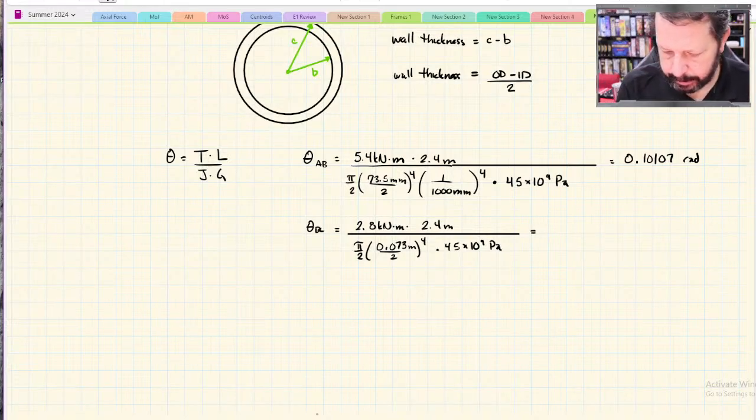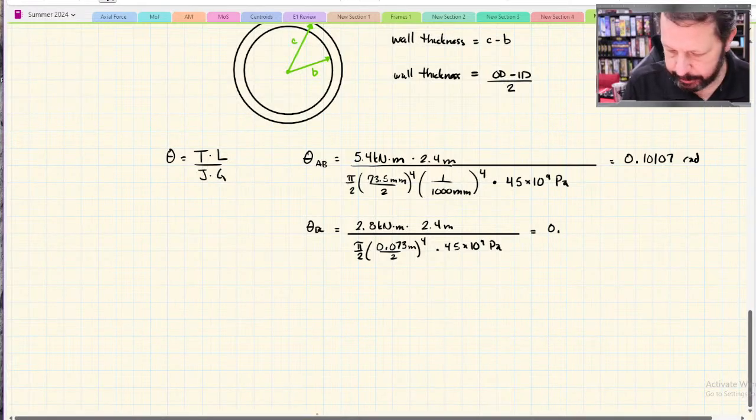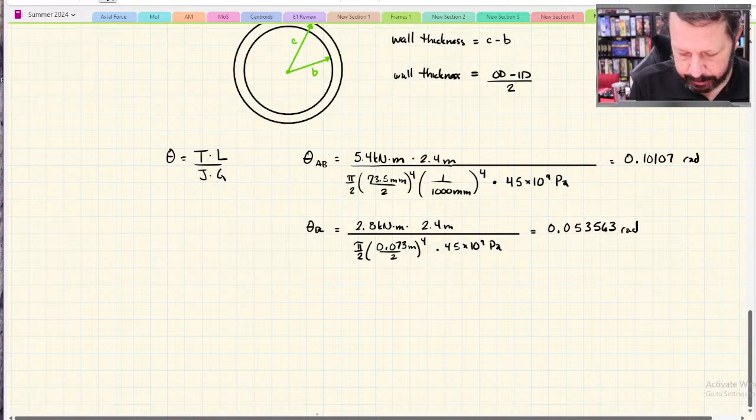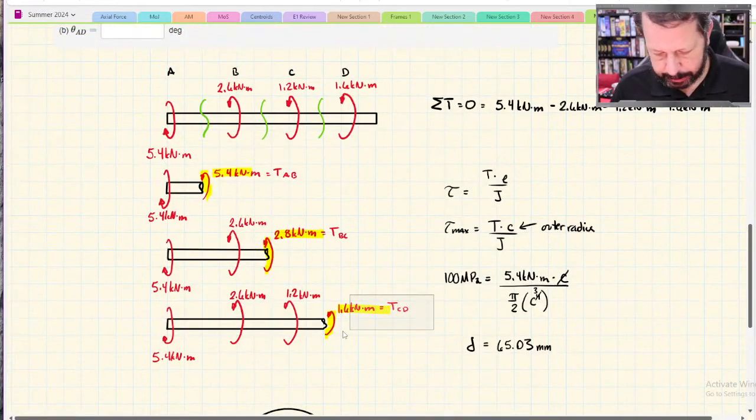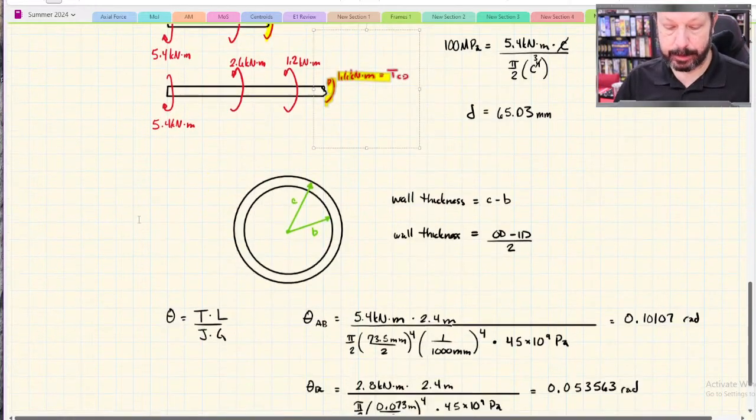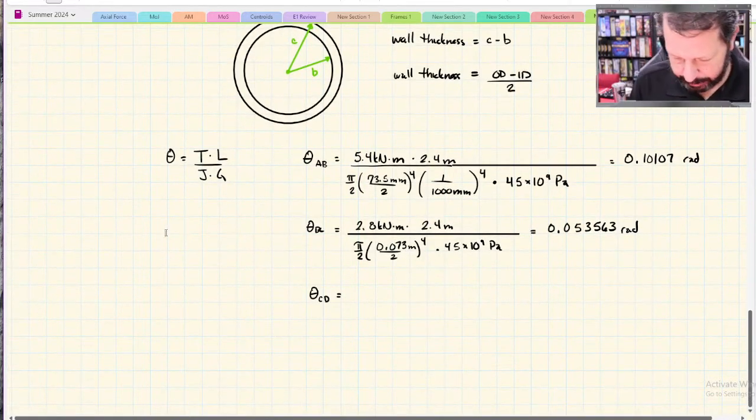Okay, and I get, this is about half, 2.8 is close to half of 5.4, and I do get about half of the amount of twist. And then the final section from C to D, everything's the same except I've got 1.6 kilonewton meters, so about half of what I just calculated.